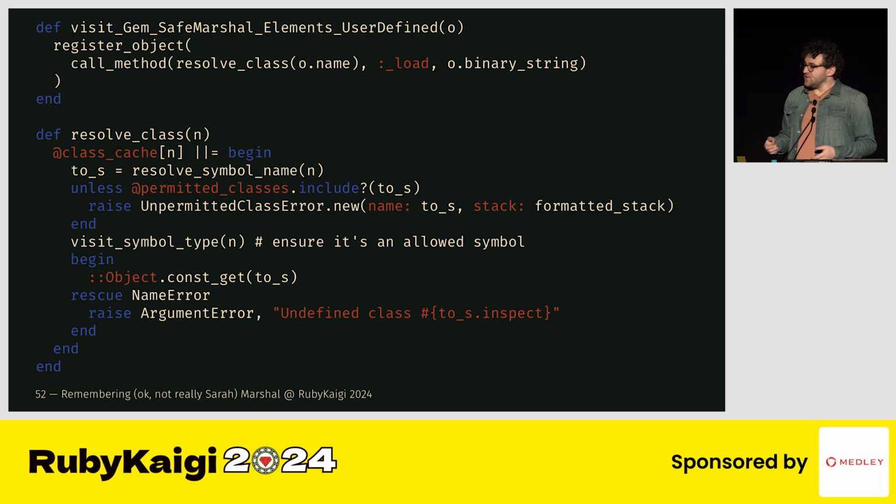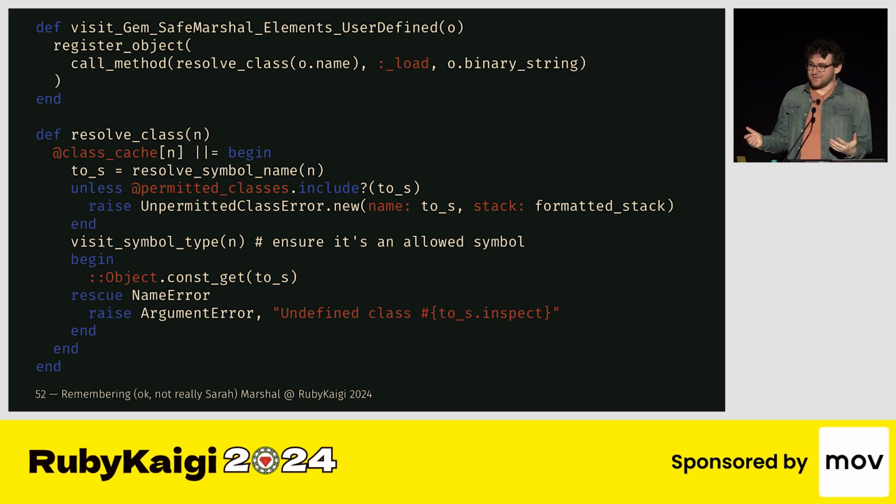And then, going off of our earlier example of a gem specification, loading a user-defined object will resolve the class, which means, okay, we have a symbol. We'll figure out what string that symbol is going to be. We check, is it permitted? If it's not permitted, raise an exception that says, this isn't permitted.